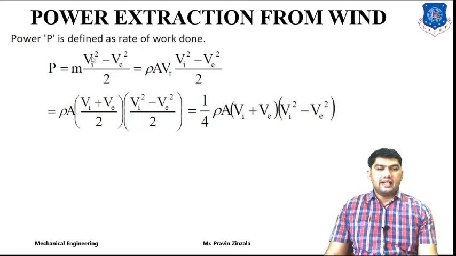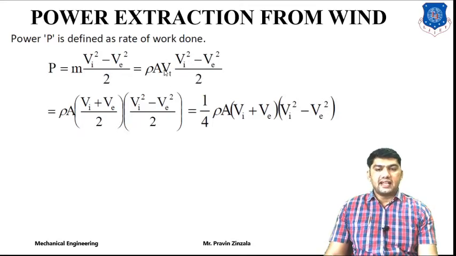Here we are taking the boundary condition, so Vi square minus Ve square, and the mass flow rate is equal to rho A Vt, meaning density into swept area into the velocity of the turbine or average velocity, into Vi square minus Ve square by 2. By simplifying this equation, we can insert the value of Vt.